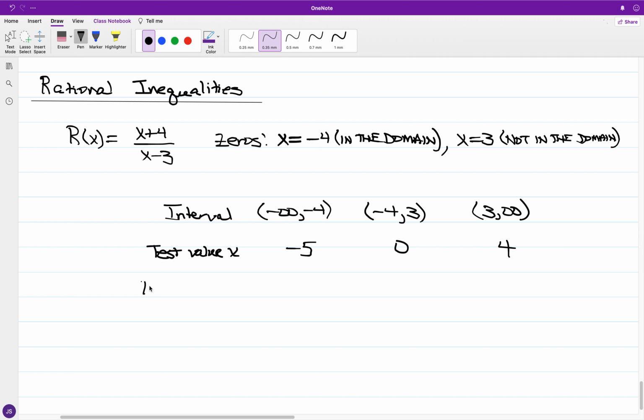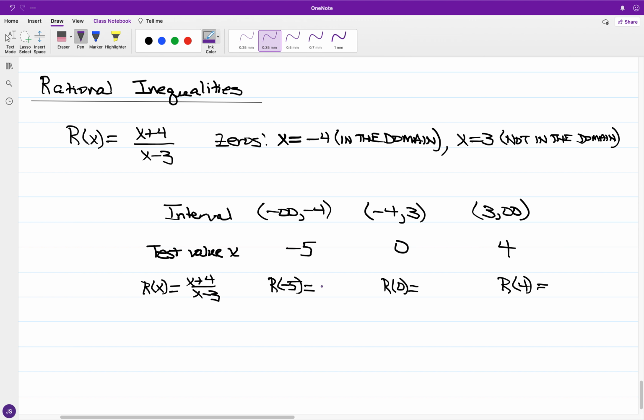And for the function r of x equal to x plus 4 all over x minus 3, we have r of -5, r of 0, and r of 4, just stressing the sign values.